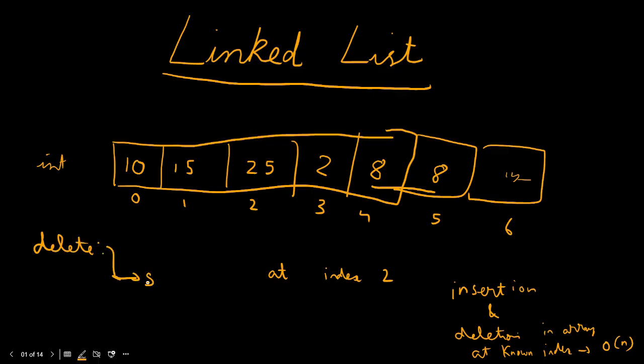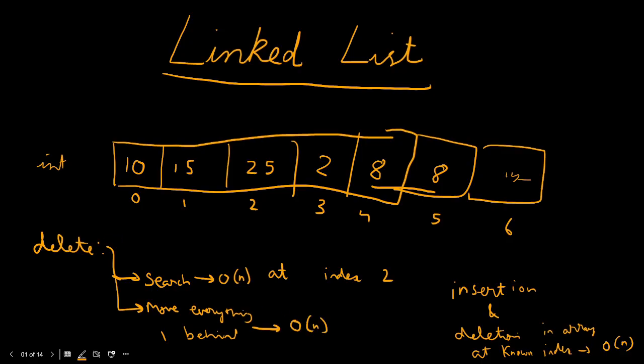Step one is search for the element which you want to delete. And then step two is move everything after it one step behind. As this is an unordered array, for searching we have to do linear search. We can't use binary search. So it's O of n time complexity. And deleting again is O of n time complexity.